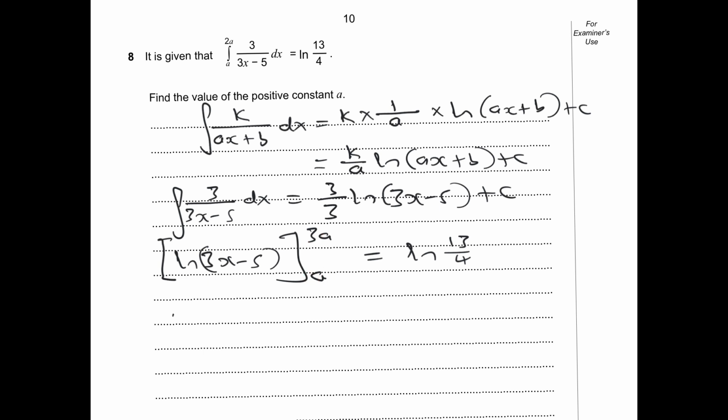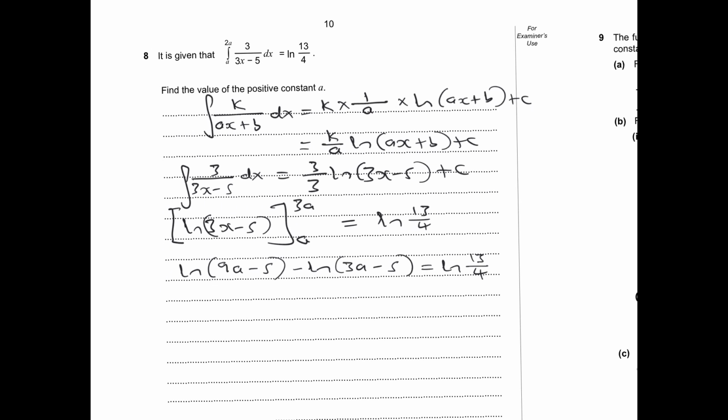So we are going to have ln of 3 times 3a, that gives me 9a minus 5, minus ln of, for the lower limit, 3a minus 5, equal to ln of 13 over 4. So that's what we have here. We need to solve for a.